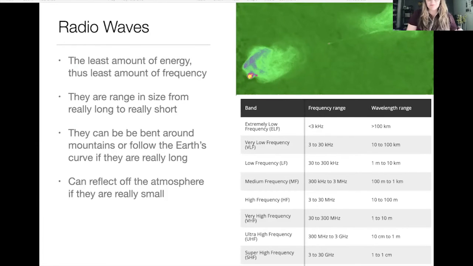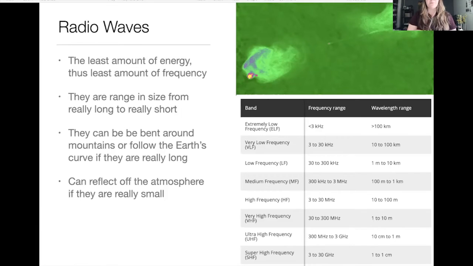And they can actually be bent around mountains and follow the Earth's curve if they're really long. But if they're really small, they cannot do that, but they can be reflected off of the atmosphere of the Earth. So you'll see that there are different types of radio waves. Depending on the frequency range, people will use different frequencies to have different stations.